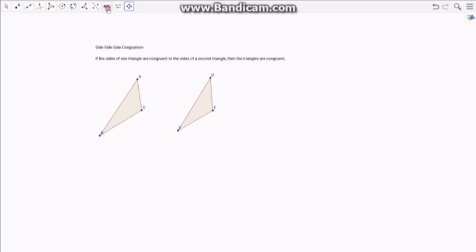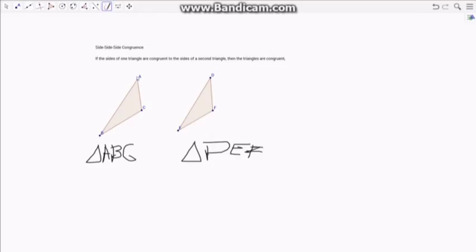This is triangle ABC, and this is triangle DEF. I'm sorry if that looks like P, but that is letter D.